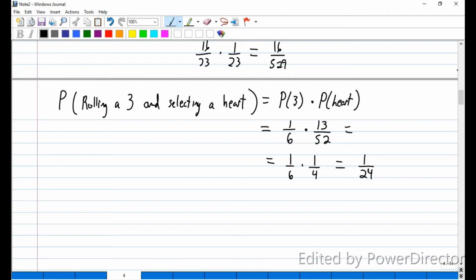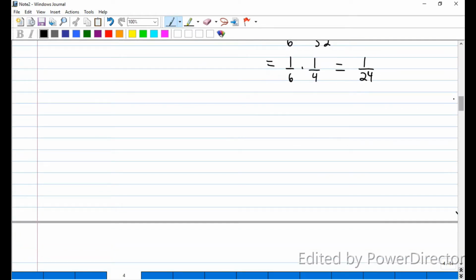Now, you can have more than 2 events. You can have 3 events, 4 events, 5 events. So like if I want to know the probability that if I flip a coin 3 times, I get 3 heads in a row. Probability of getting a heads in one flip, a heads in another flip, and a heads in another. So what's the probability the first time of getting a head? 1 out of 2.